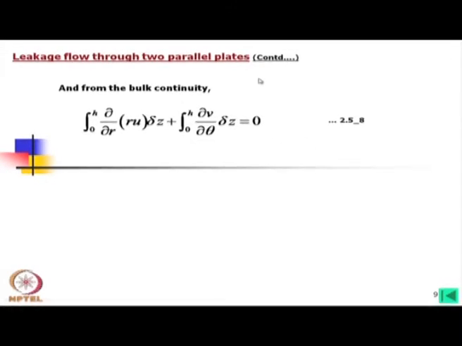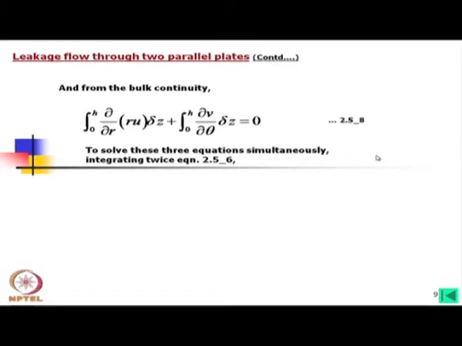So, we have developed the pressure versus velocity equations and this bulk continuity equation. Now, to solve these three equations simultaneously, we will integrate twice the equation 2.5.6 at first. So, we have integrated that del square u by del z square and we have got these equations.